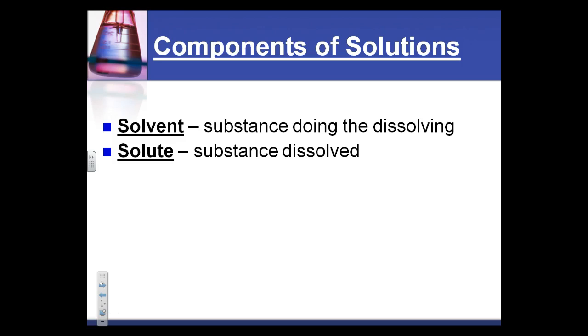Well, calcium chloride is the solute, and water is the solvent in that situation. Or one that you may be more familiar with, sugar in sugar water. Sugar is the solute. It is the substance being dissolved, and water is doing the dissolving, so it is the solvent. Solvents dissolve solutes.